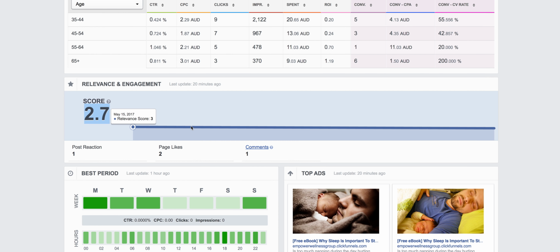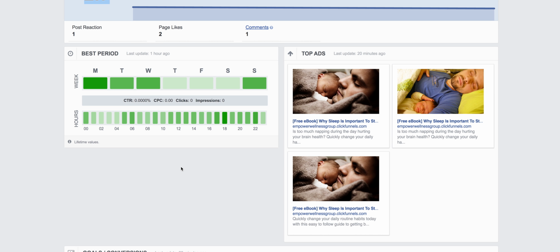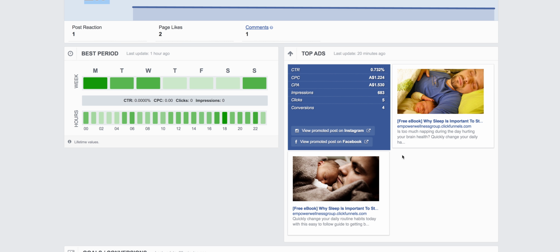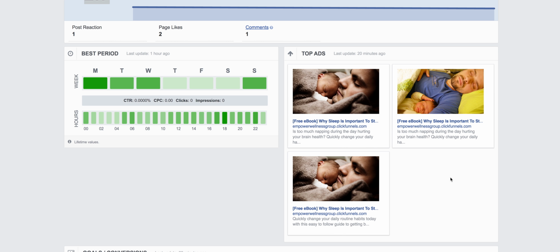And I've looked at it, and I see where it needs to go. One of the main things I saw is in the ad text: "too much napping during the day hurting your brain health." This one resonated with people a lot more than the one on the bottom, saying "quickly change your daily routine habits."